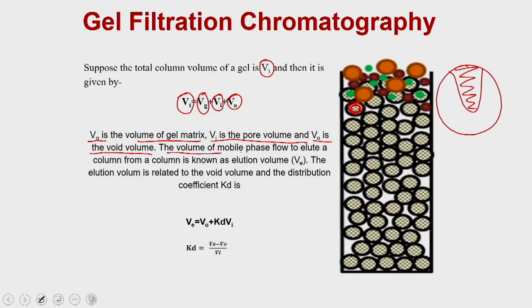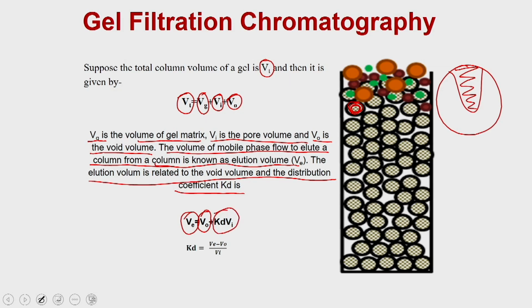The volume of the mobile phase flow to elute a substance from a column is known as the elution volume, or VE. The elution volume is related to the void volume and the distribution coefficient Kd. So, the elution volume VE is equivalent to Vo plus Kd times Vi.